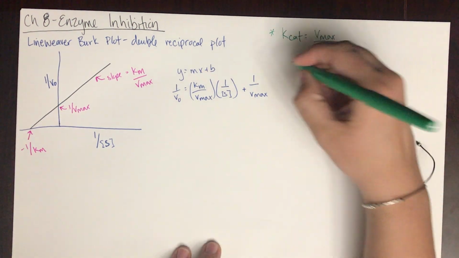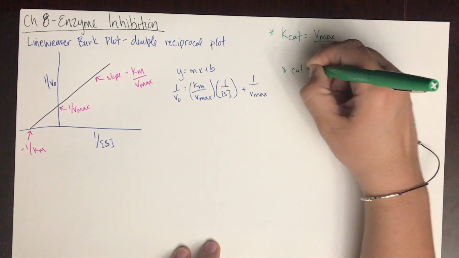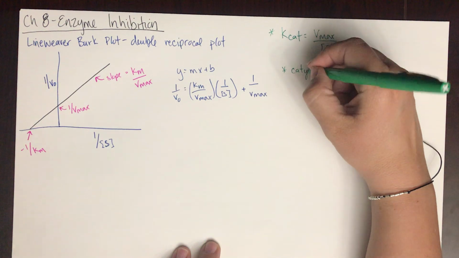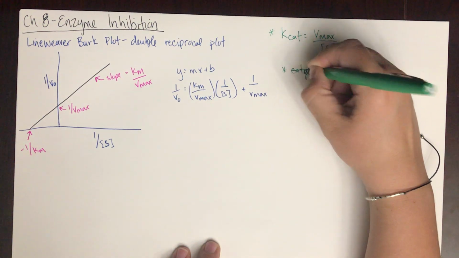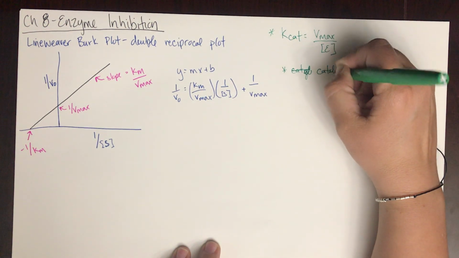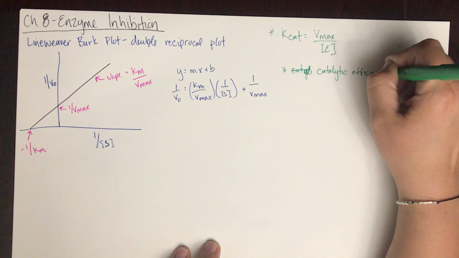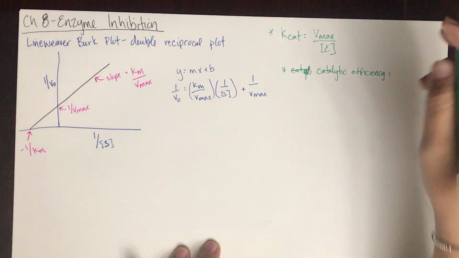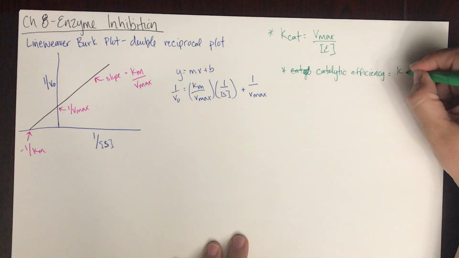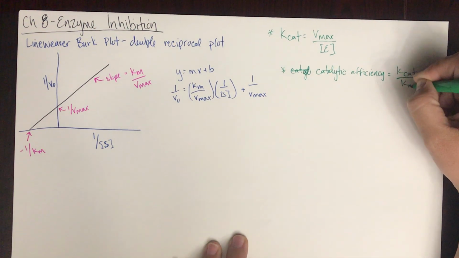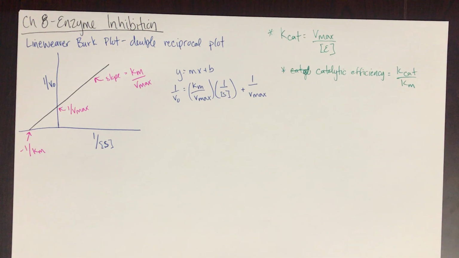And then the catalytic efficiency is the kcat over the Km. And I'll post some examples, some practice problems to go through some of these calculations.